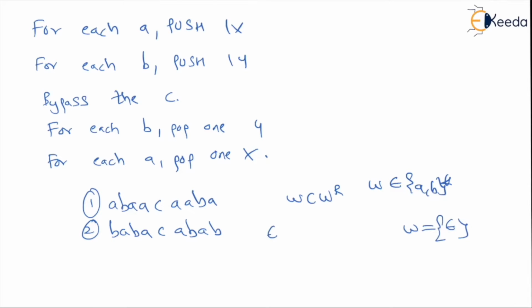So in that case, that would be epsilon dot C dot epsilon, which is going to give me a single C, and I have to check whether my machine is able to accept the single C.